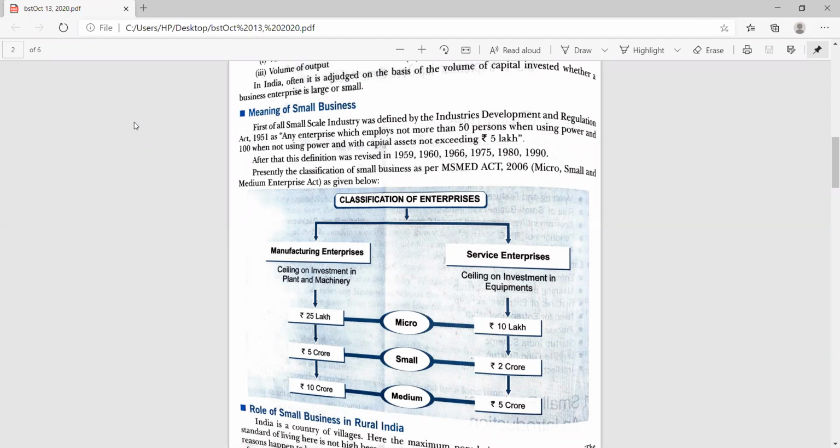If we talk about manufacturing enterprises, all those which have invested in plant and machinery or capital up to 25 lakh are known as micro, up to 5 crore small business, and up to 10 crore, medium business enterprises. If we talk about the service sector, for micro or small business it is 2 crore, and for medium business it is 5 crore.